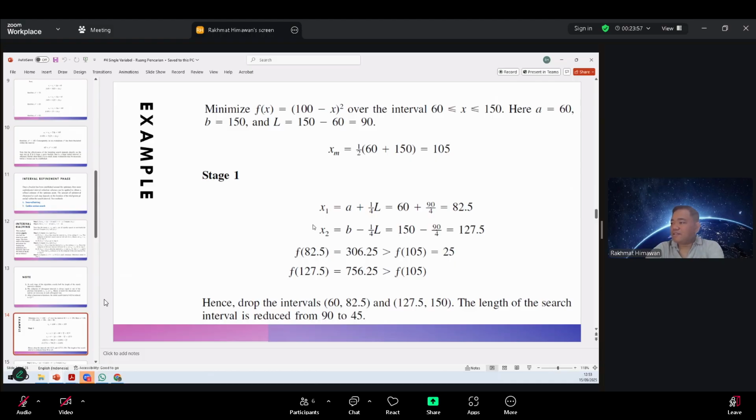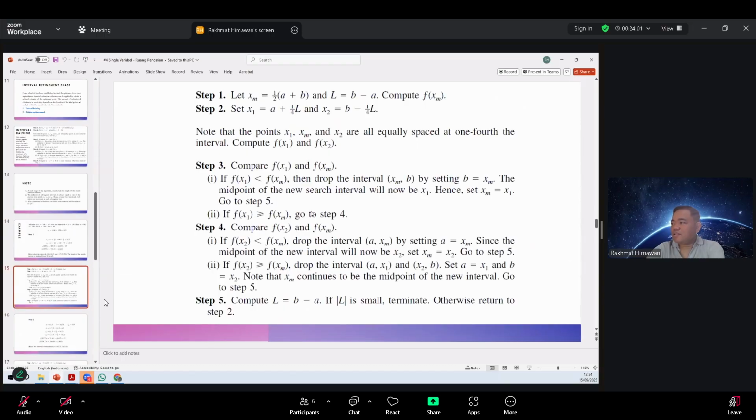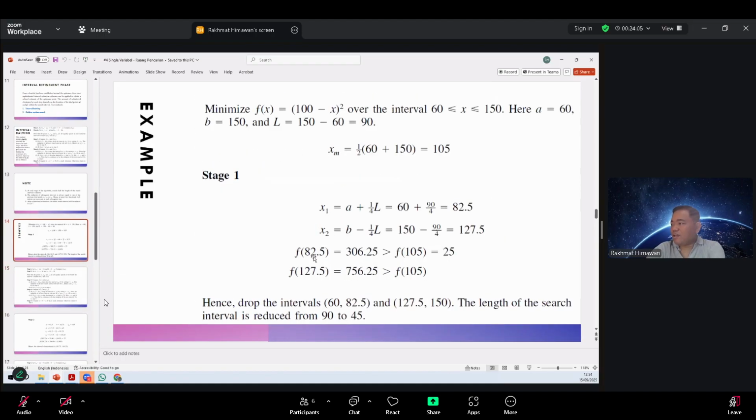Now you plug in x1 and then x2. f(x1) is 300, f(x2) is 700.